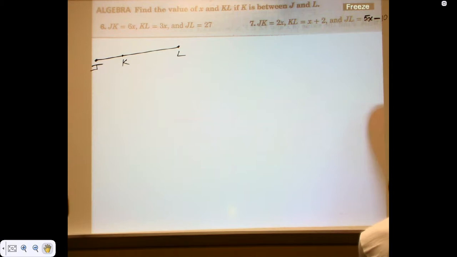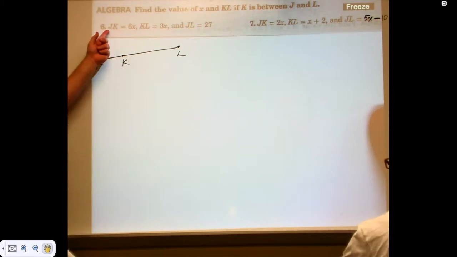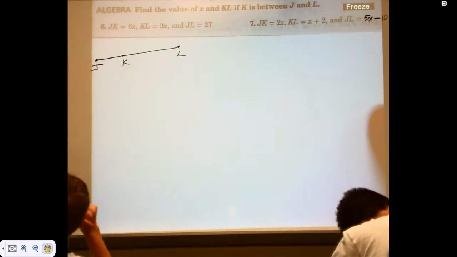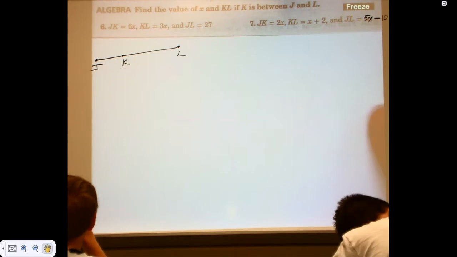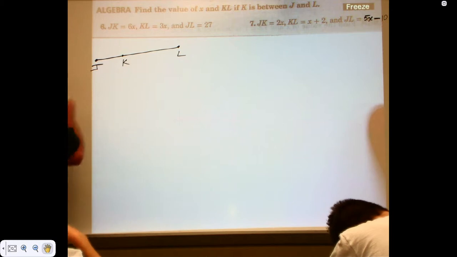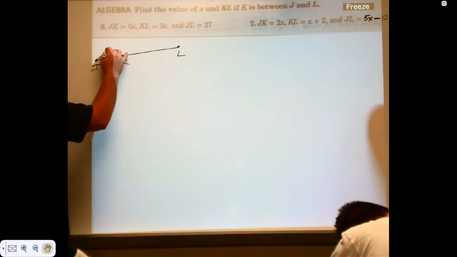A lot of times, the situation you're seeing here will be much easier to deal with if you see it as a picture. So let's label that picture. Remember, when I don't have anything above it, I'm saying the distance from J to K is what? 6x. Remember, x represents a number, right? So I'm saying it represents 6 times a number I don't know. So I can label J to K as 6x.